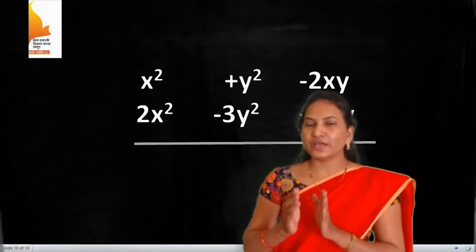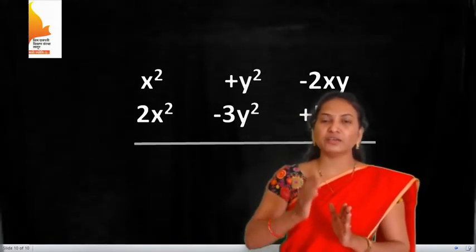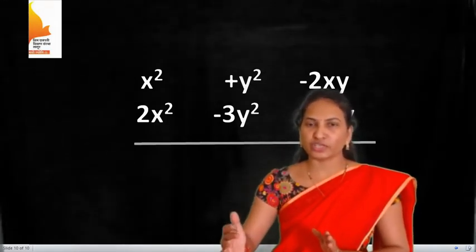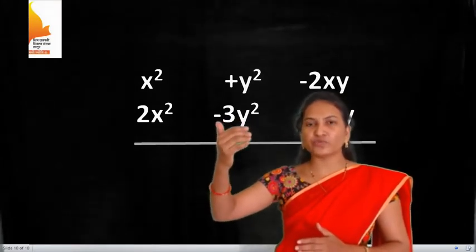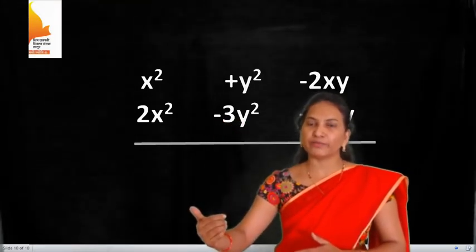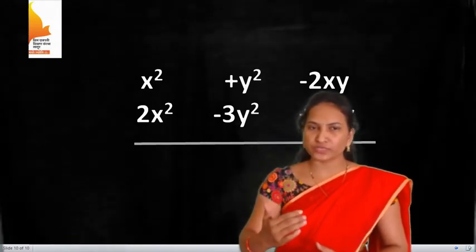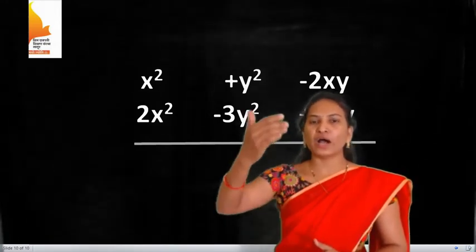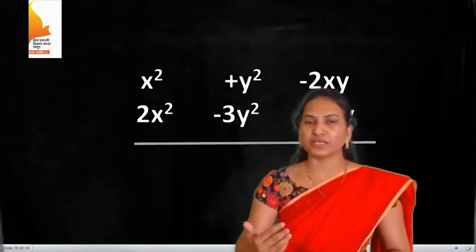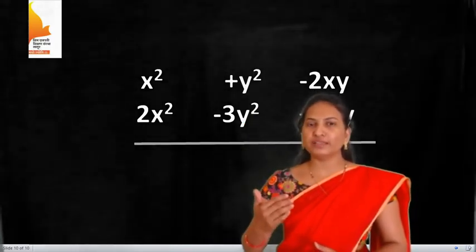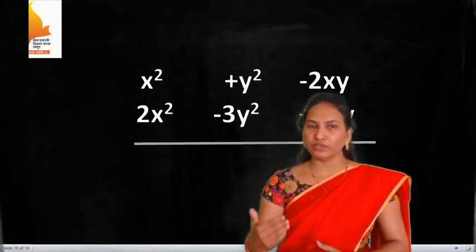Plus 5xy, which is in second position, is written in the third position, below minus 2xy, because they are like terms. x square, 2x square, they are also like terms. y square, minus 3y square, they are also like terms. So all the like terms are one below the other.